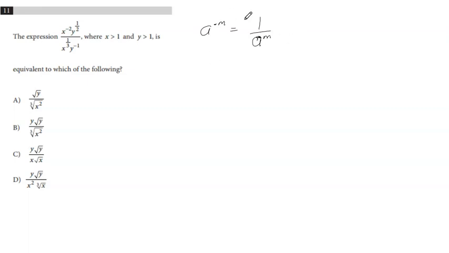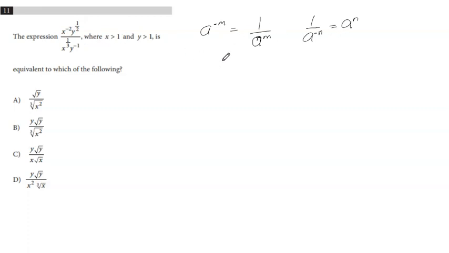And the reverse is true, which means if I have 1 over a raised to the power minus, let's say, n, this becomes a raised to the power n. So in this one, we see x raised to negative power and y raised to negative power. So we can apply this.